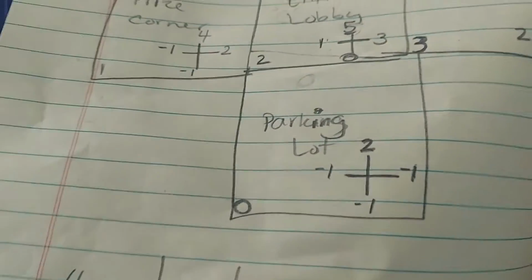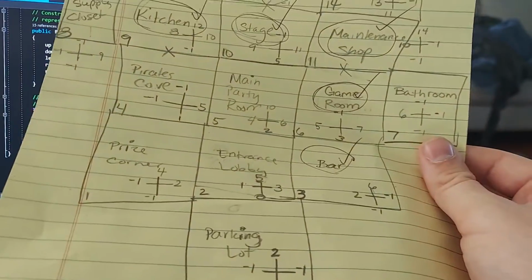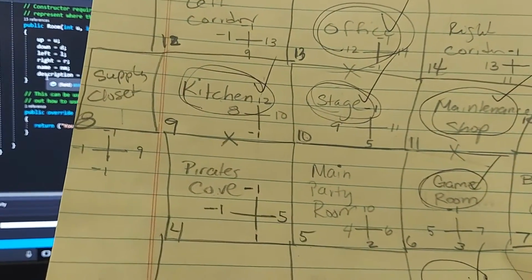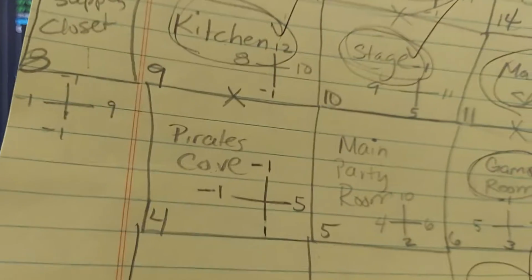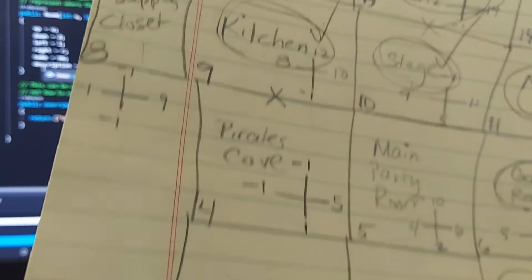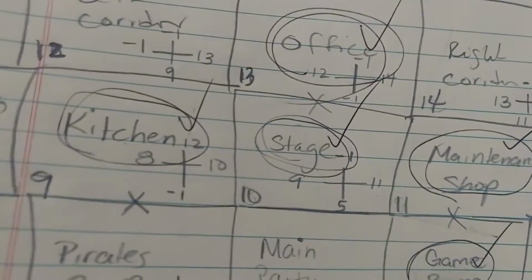This basically shows where the player can go, which of course the blocks connect to each other, showing that you can't go except for 3 locations. Means you can't be in Pirate's Cove and then go to the kitchen. It will add like a barrier. Same thing with game room to the main shop, and same thing with the stage to the office.